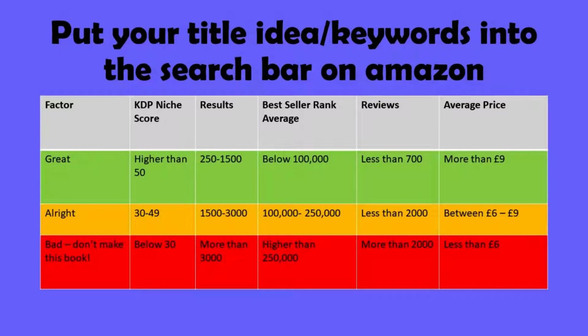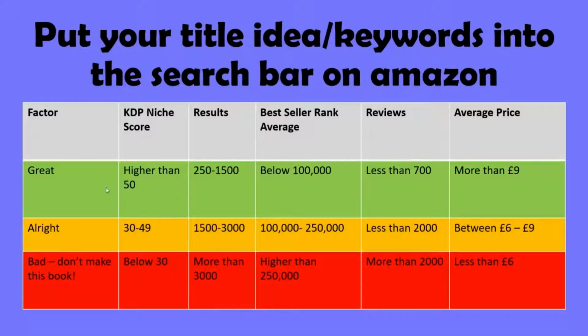Now, just as a quick reminder of what we do want it to be, I have just summarized what we want these results to be in this little table here. So for a great score, we would like it to be more than 50. And you're going to have to play around a little bit to find your title ideas that are going to be really good for you. We also want it to have pretty few results between 250 and 1500.